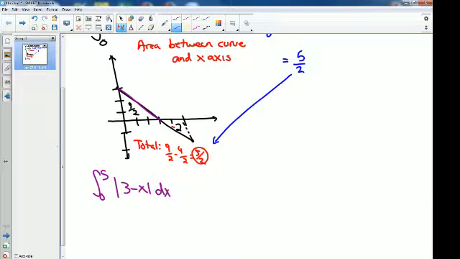Is it ever going to be negative? No, so it's actually going to bounce back up here. So we are calculating 9 over 2, same as before. What's this area now? It's positive 2. So our absolute value area is 13 over 2, because I could add. Correct?